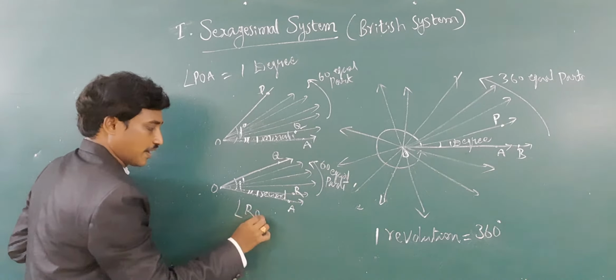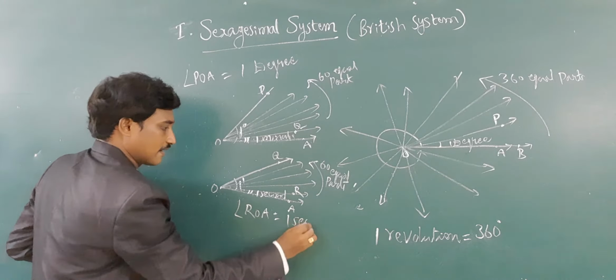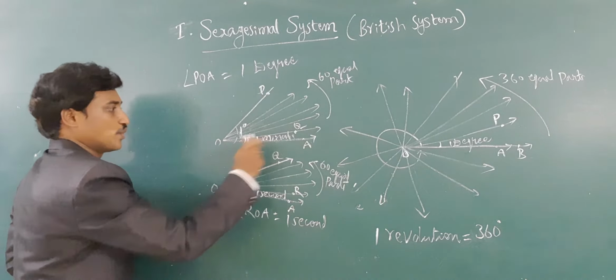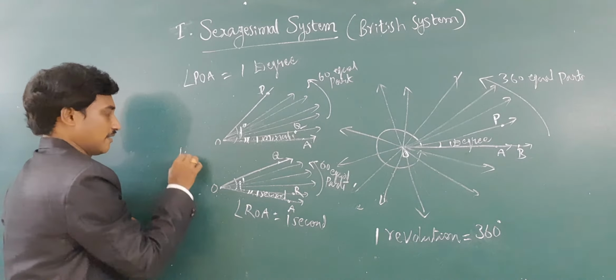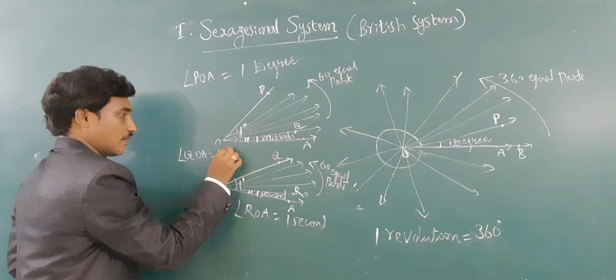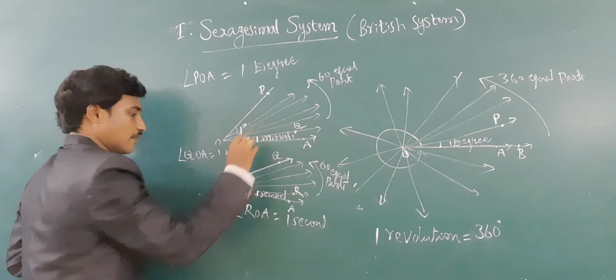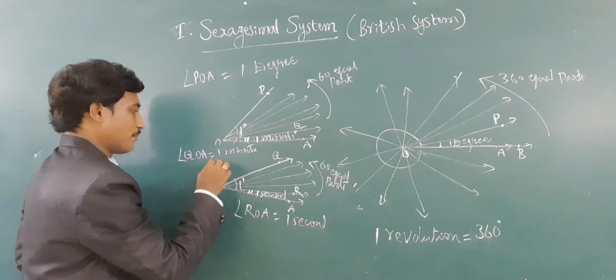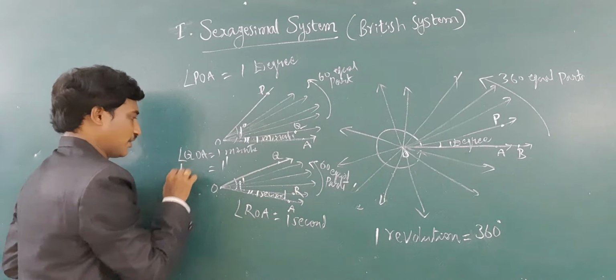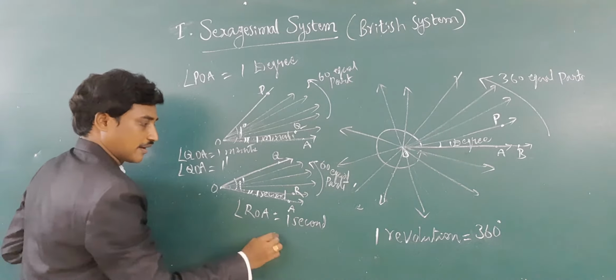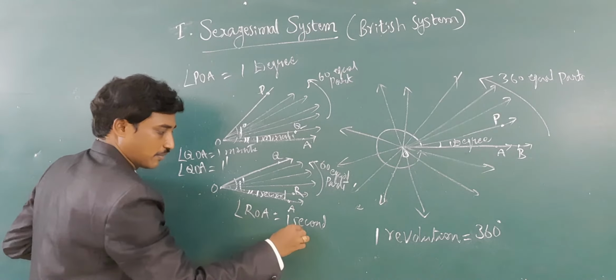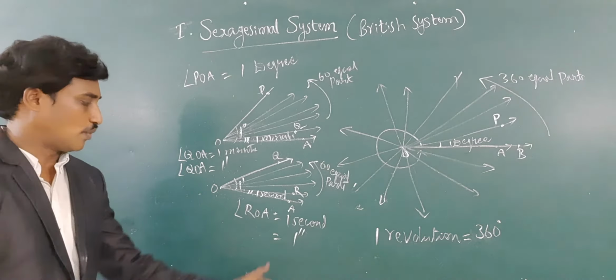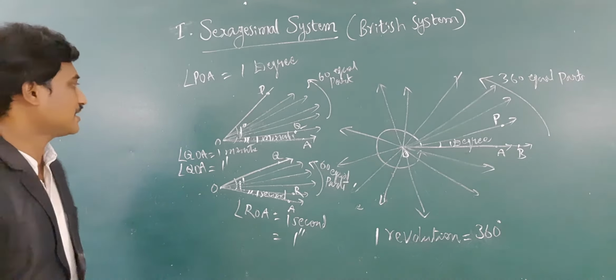Angle ROA is equal to 1 second. Here angle QOA is 1 minute. One second, 1 minute we show like this, and QOA. Here 1 second we denote with double bar.